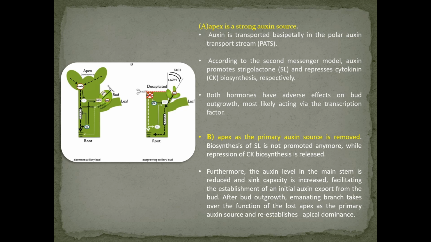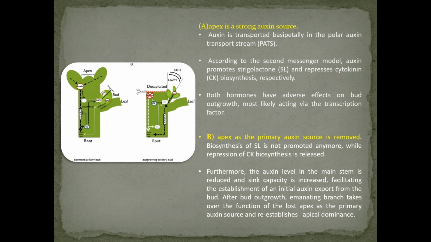If the apex, the primary auxin source, is removed, the apex will be cut and the biosynthesis of strigolactone is not promoted anymore. The repression of cytokinin biosynthesis is released.